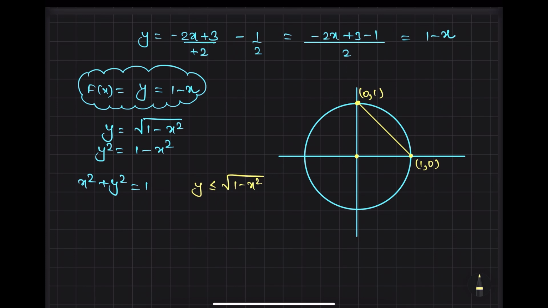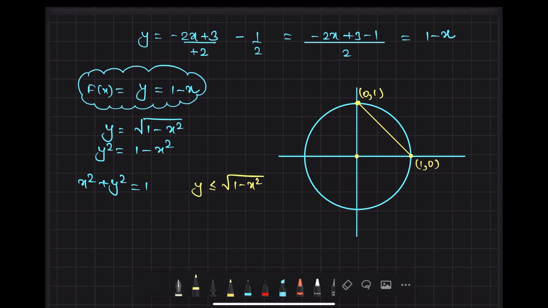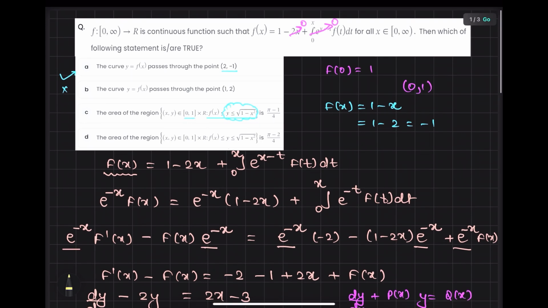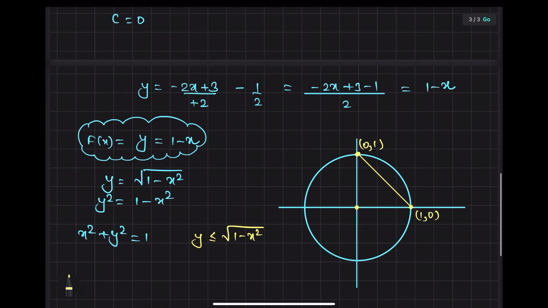This means we have to focus inside the circle, that too in the first quadrant, meaning we cover the part below that, not outside the circle. And they are talking about f of y being bigger than f of x, so this side they are talking about, meaning we have to find the area of this part.